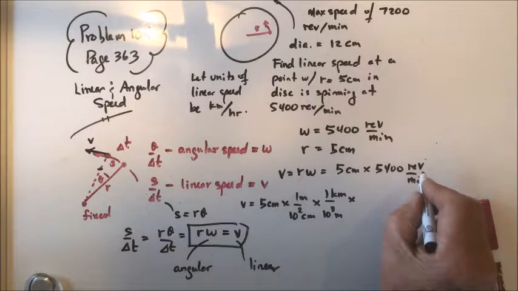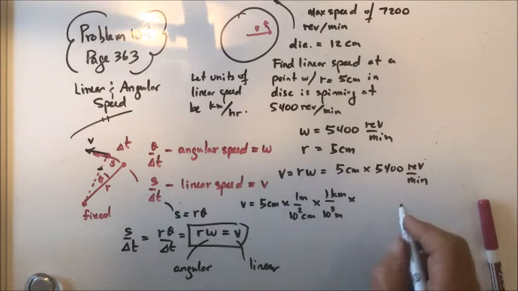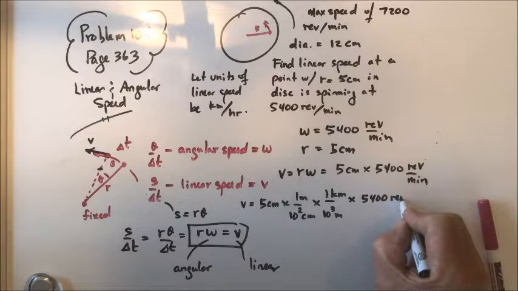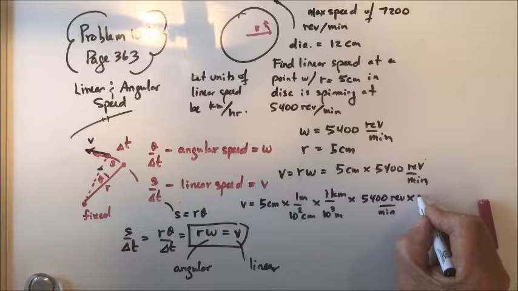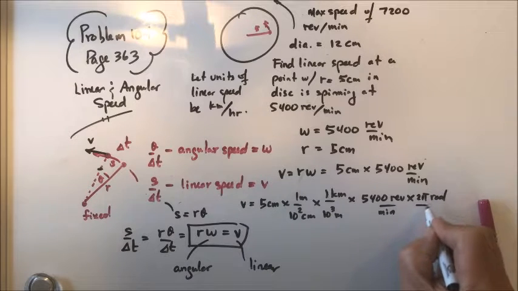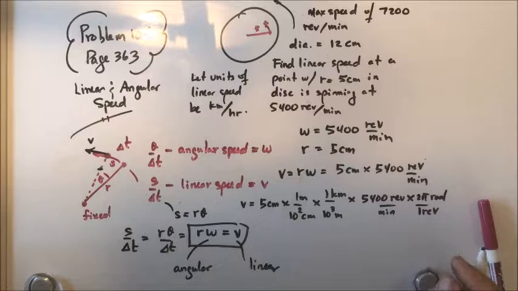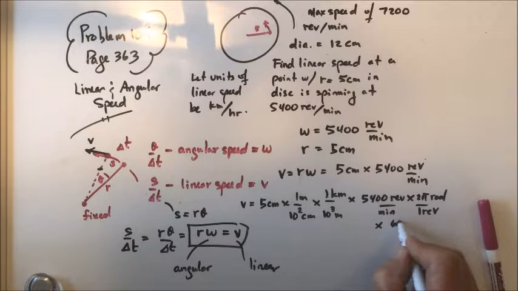And now I've got revolutions, and I really need to have radians. So let me say I've got 5,400 revolutions in 1 minute, and each revolution is 2 pi radians. Then, saying 1 minute, I've got 60 minutes in 1 hour.